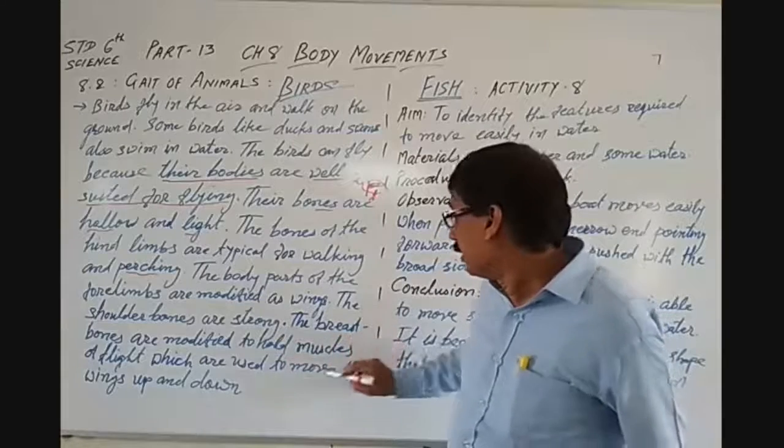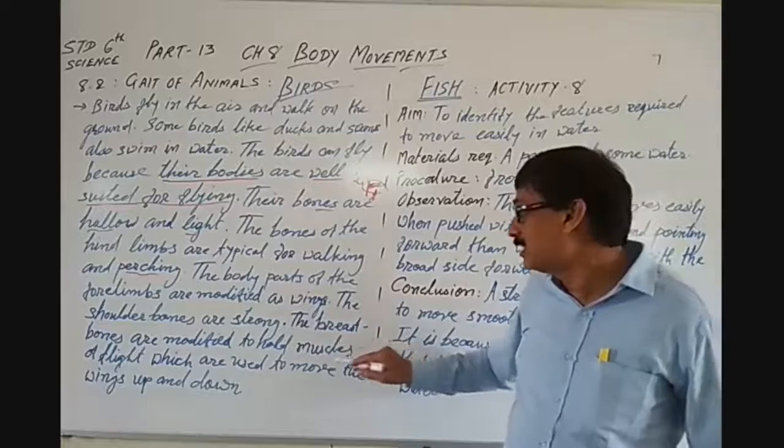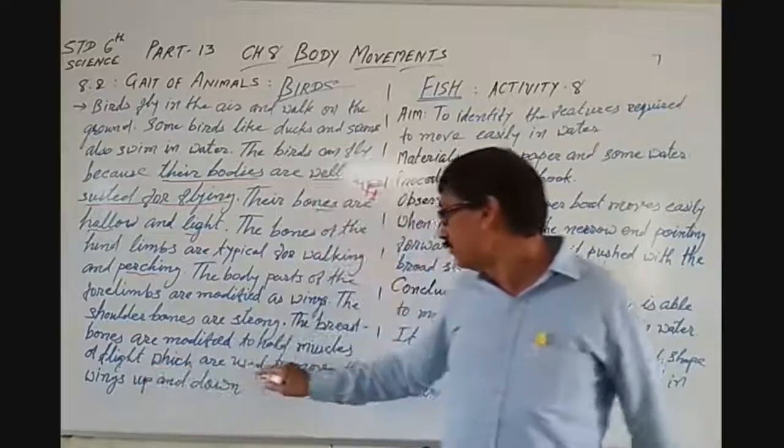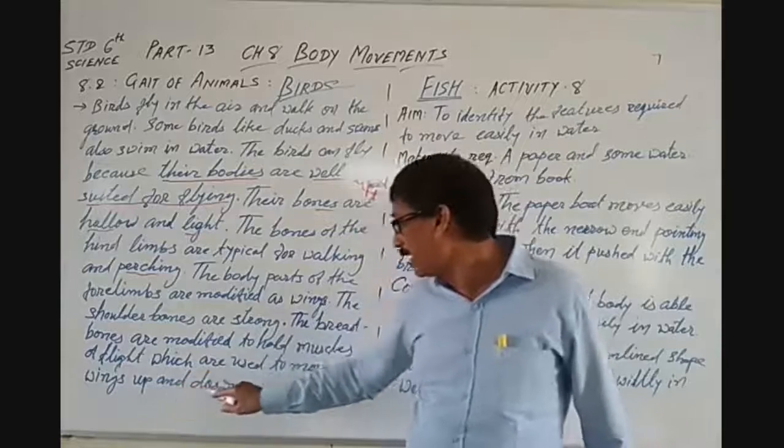The breast bones are modified to hold muscles of flight, which are used to move the wings up and down.